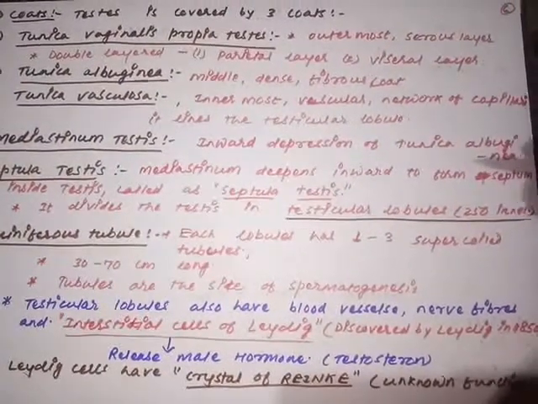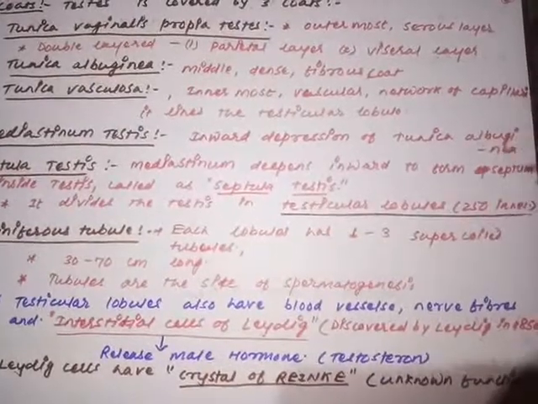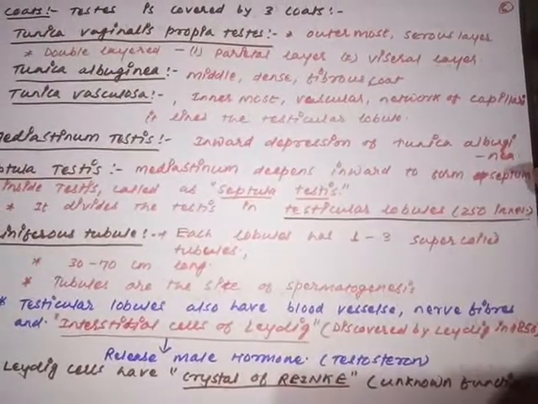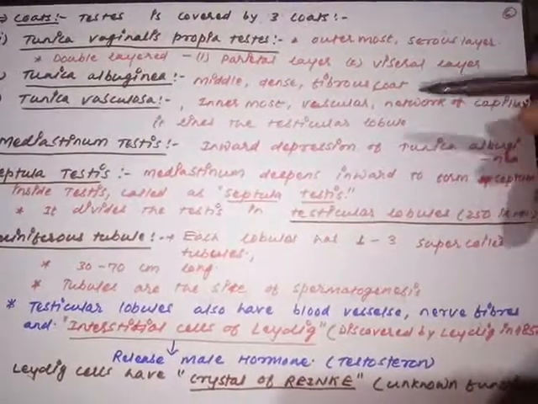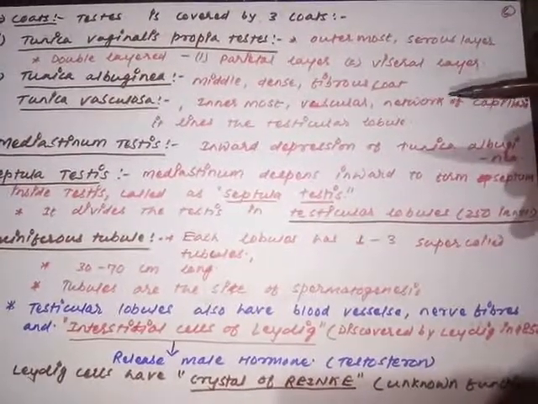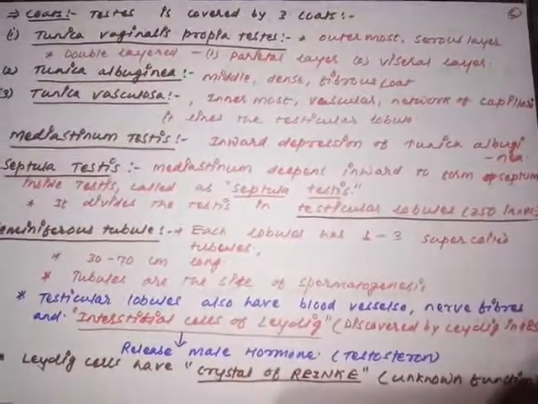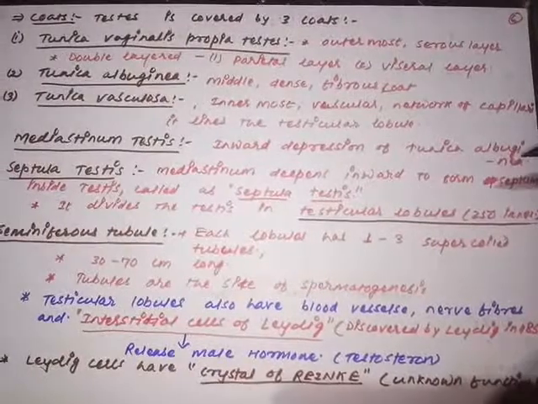That depression of tunica albuginea toward the testicular cavity is called mediastinum testis. We'll see it in the diagram, and at that time you will get a clear idea. So mediastinum testis means it is a kind of inward depression of the tunica albuginea.